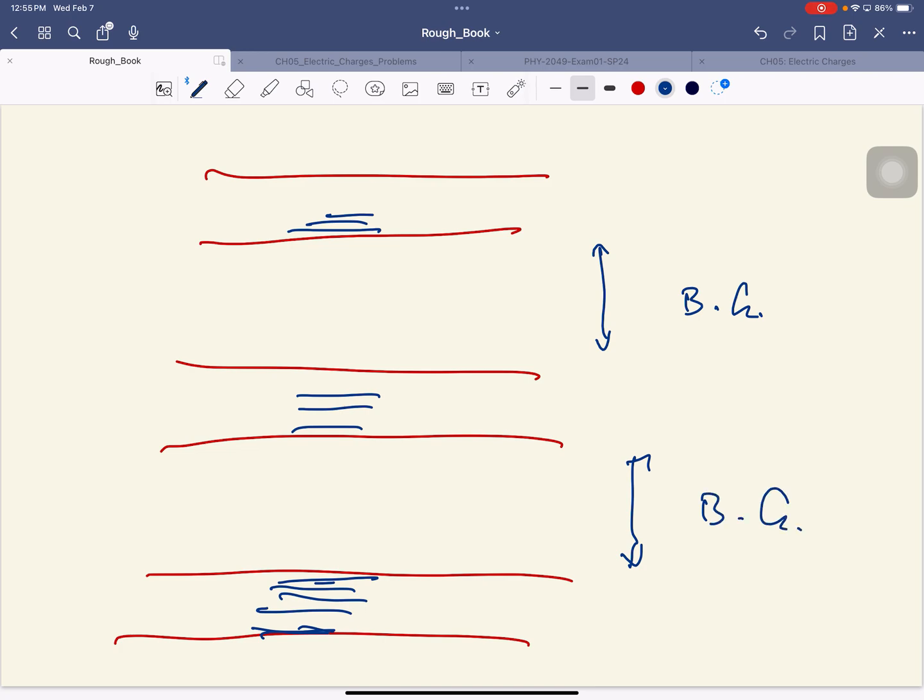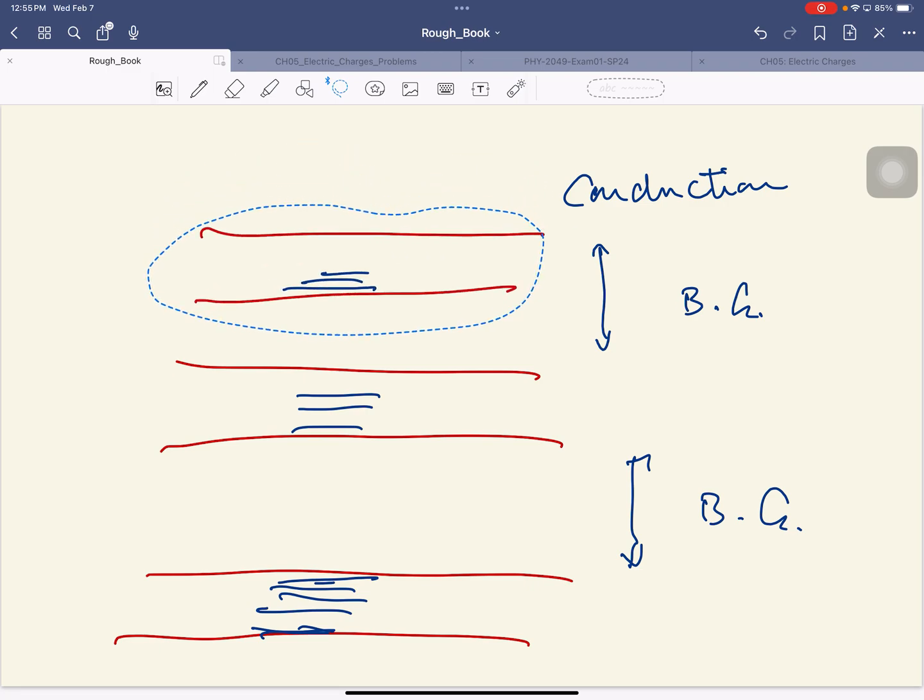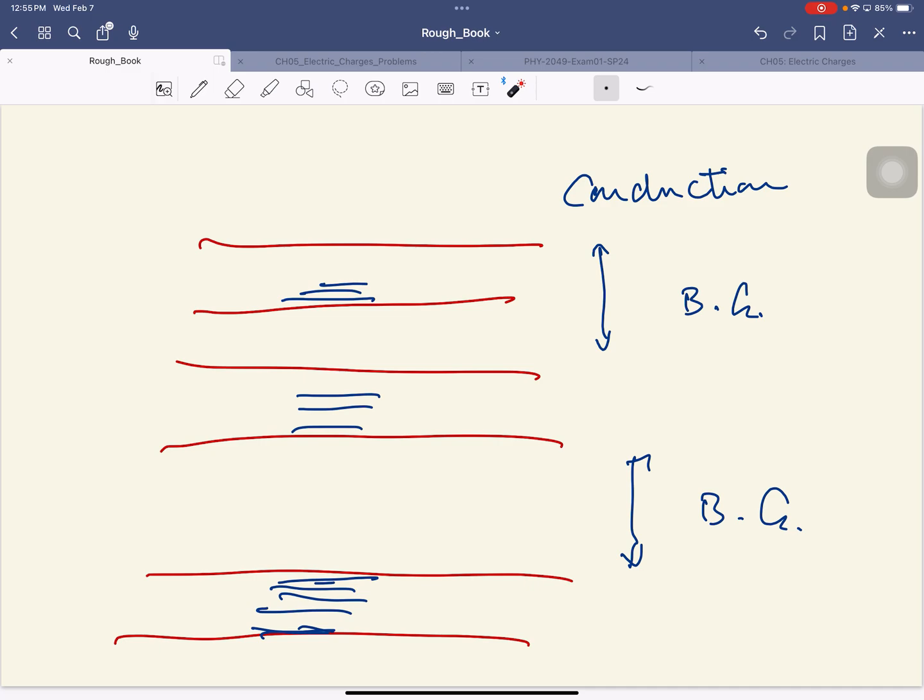Okay, so this is called the conduction band. The topmost level that is partially filled is called the conduction band. So in conductors, this band gap is small. So at normal temperatures, at room temperature, for instance, you have a partially filled valence band and a partially filled conduction band, and now this can be a good conductor. Okay, all right, so that's the difference between insulators and conductors.